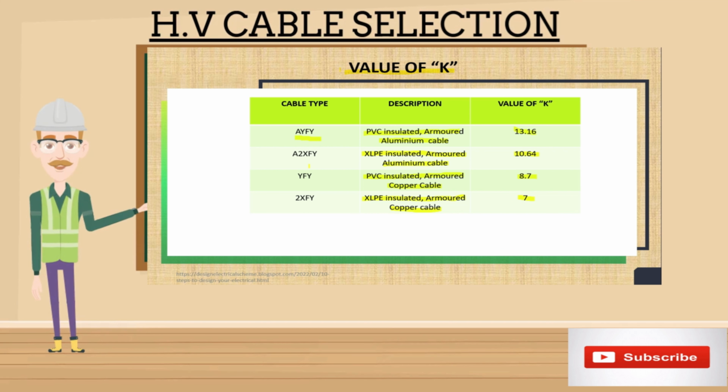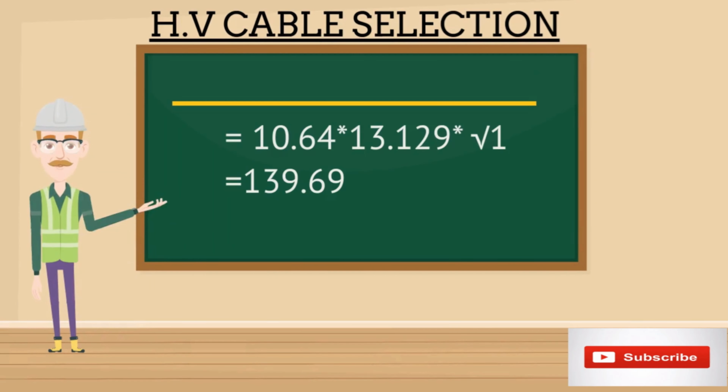As I mentioned before, in India, as economic factor is concerned, we usually prefer aluminum cable. So we can select A2XFY cable as our primary feeding cable. So the value of K will be 10.64. By applying these values to the equation, we will get the result as 139.69.